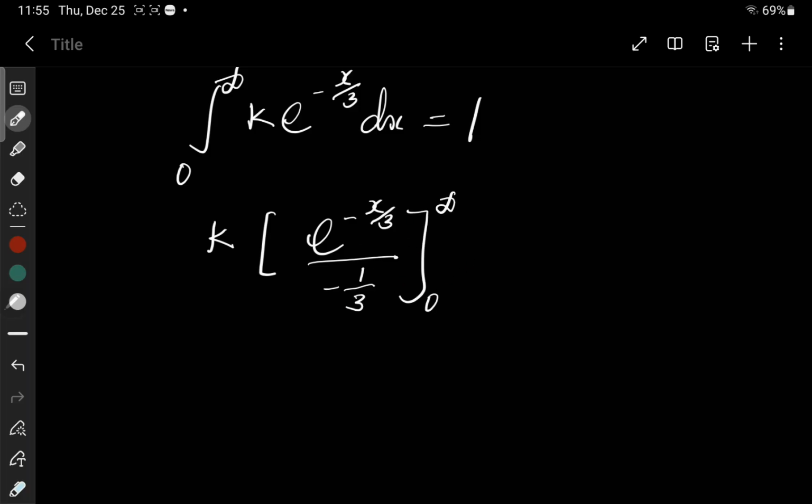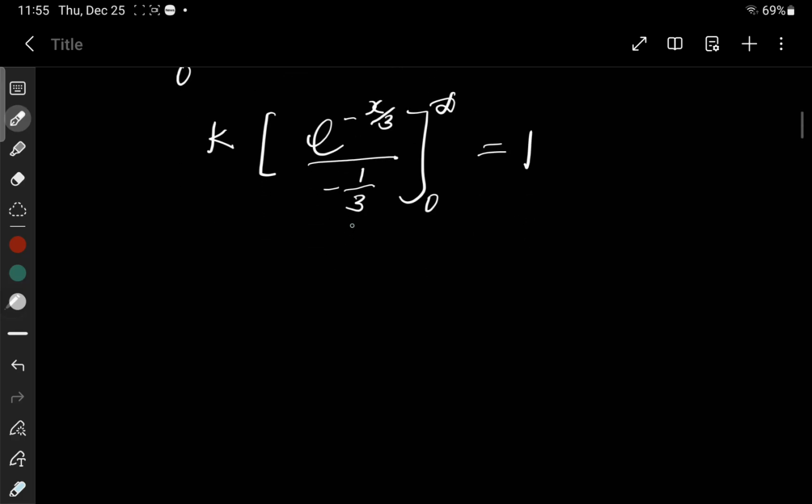So minus k into 3 by 1, with the upper limit e power infinity, which is 0, minus the lower limit e power 0.